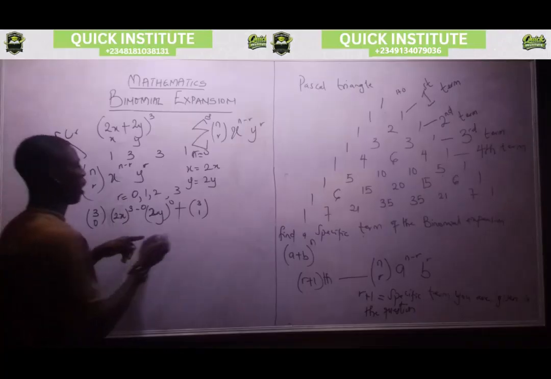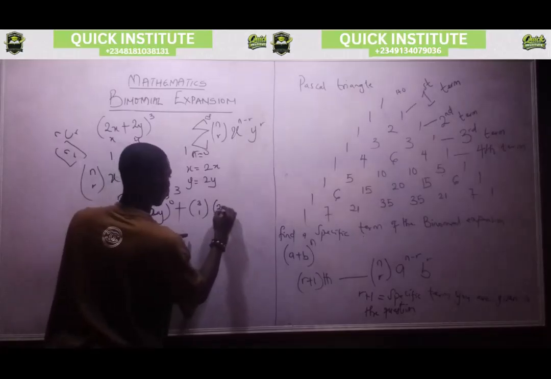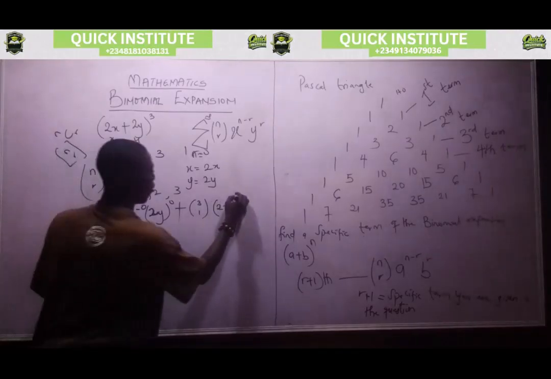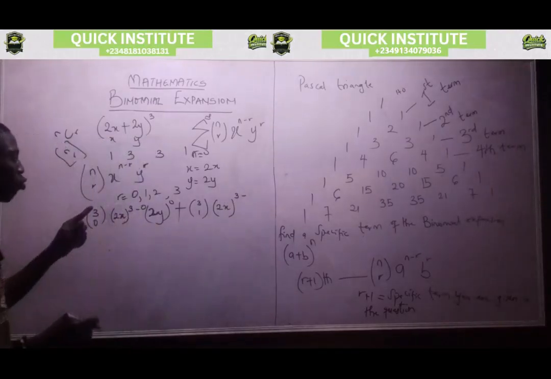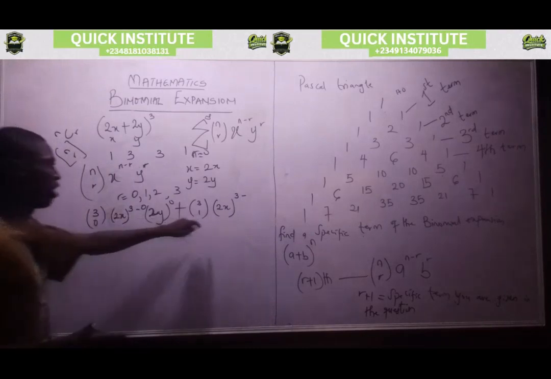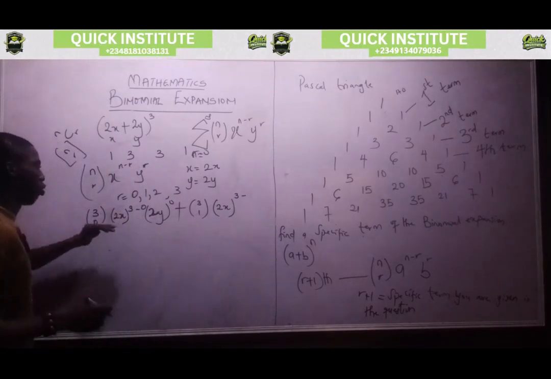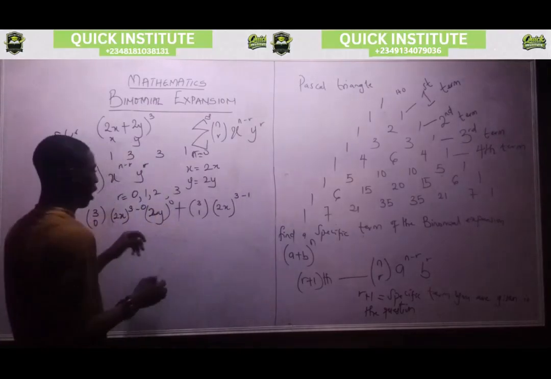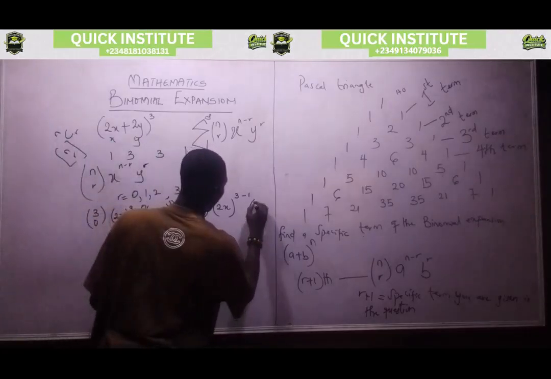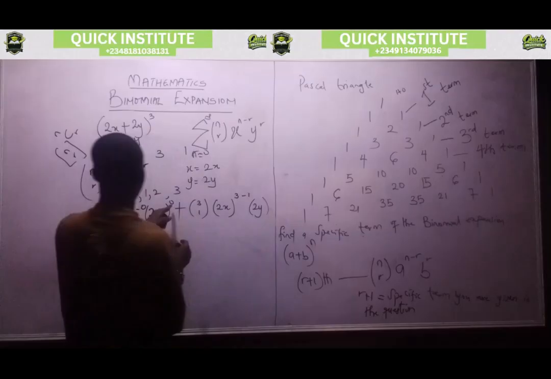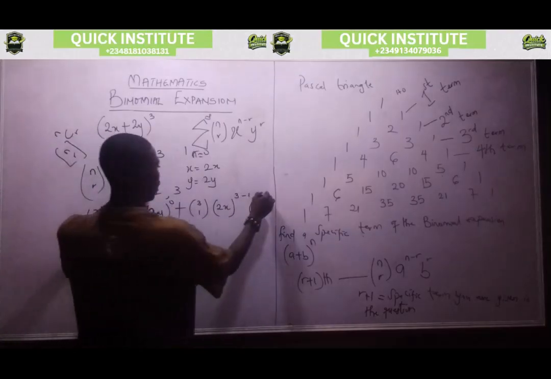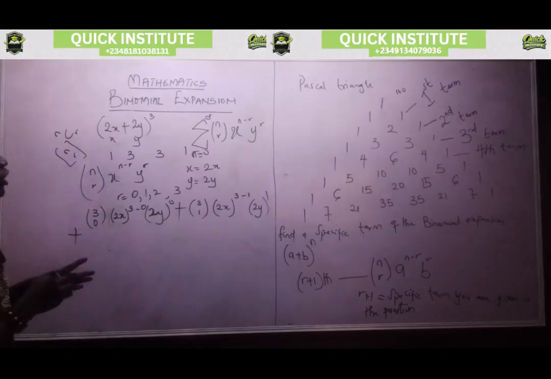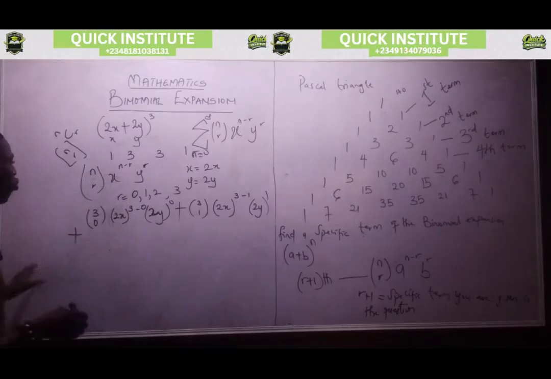Our x is 2s, n is 3 minus r, which is 1, and we have 2y to the r, which is 1, plus, since summation means everything plus.